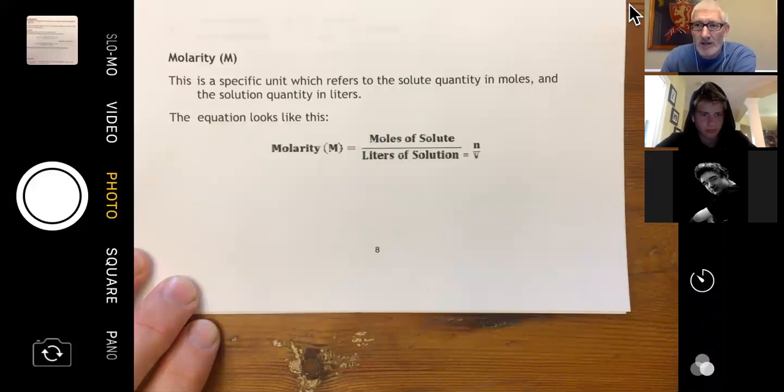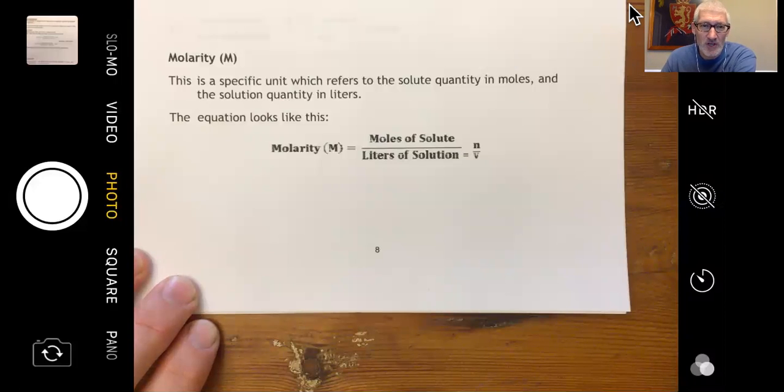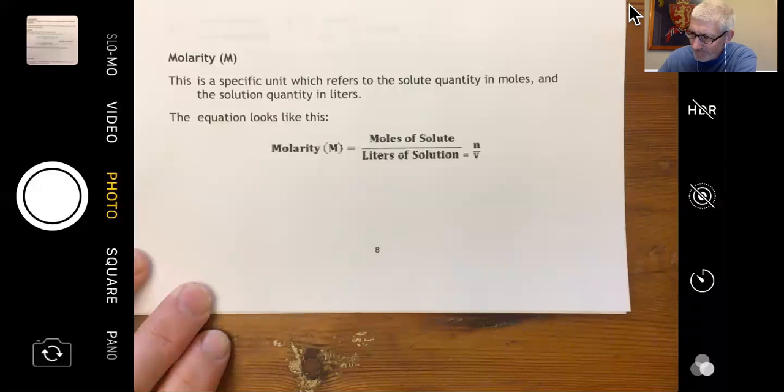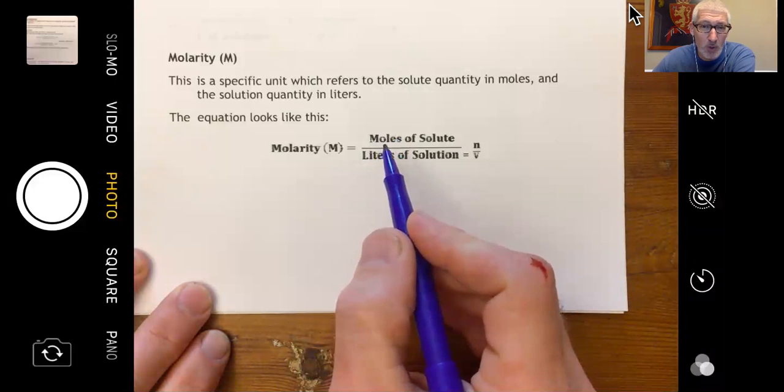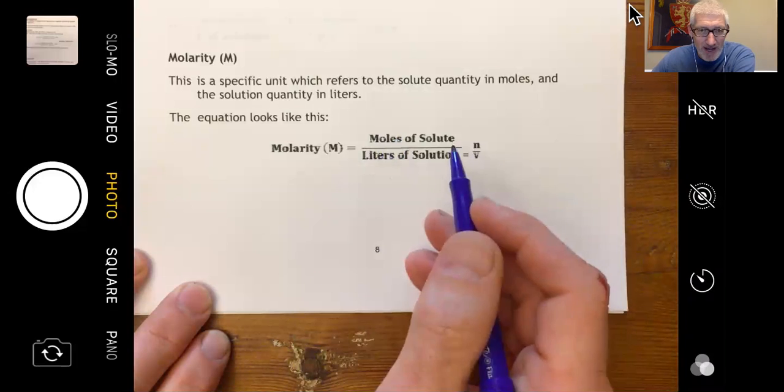Chemists use molarity all the time when they're talking about solutions, and they do it for a pretty simple reason. We know how to convert anything into moles using molar mass.